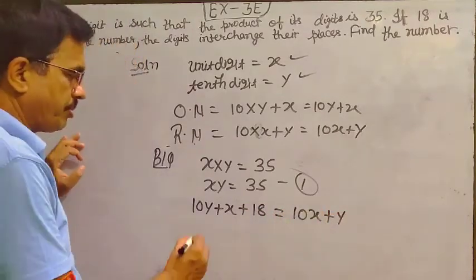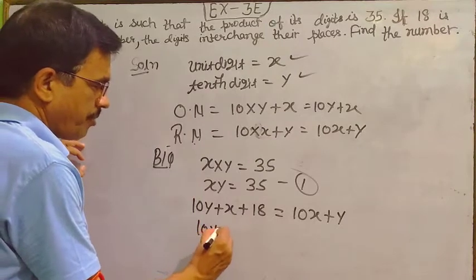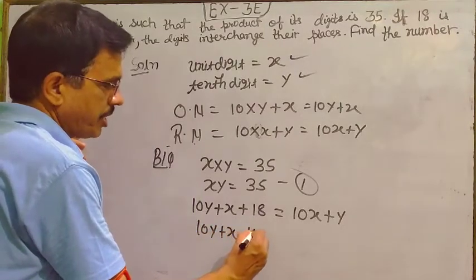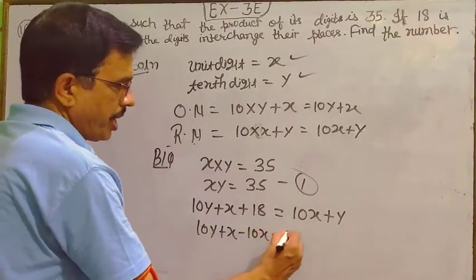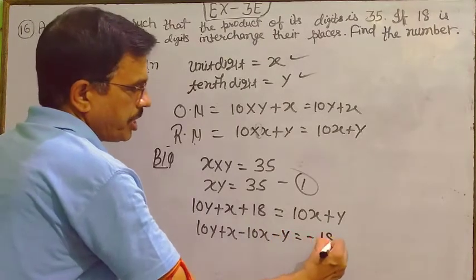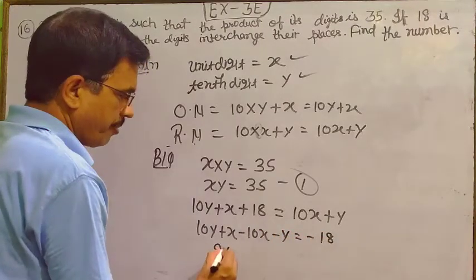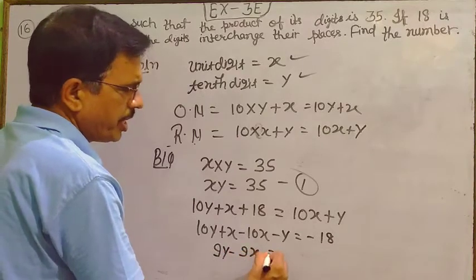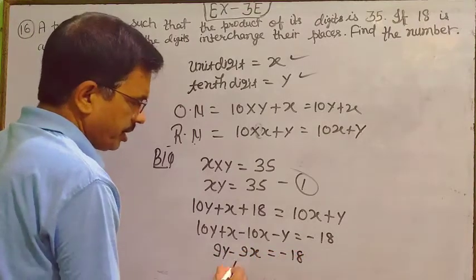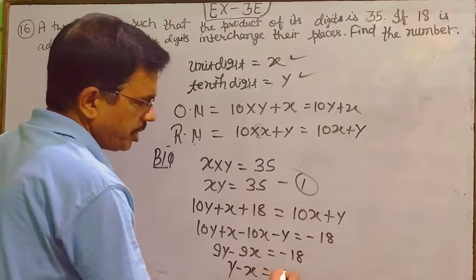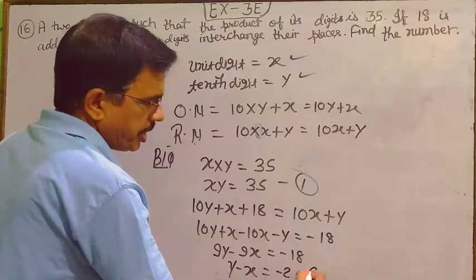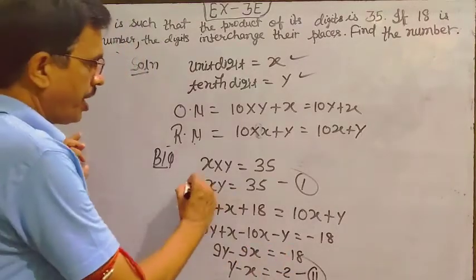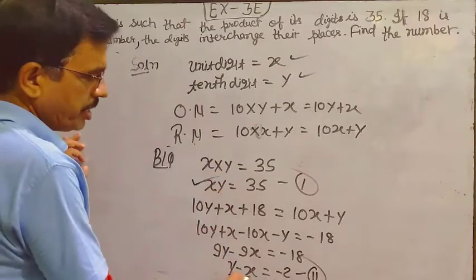So it is 10x plus y. So now solve: 10y plus x minus 10x minus y is equal to minus 18. Then it is 9y minus 9x is equal to minus 18. Then y minus x is equal to minus 2. It is the second equation.